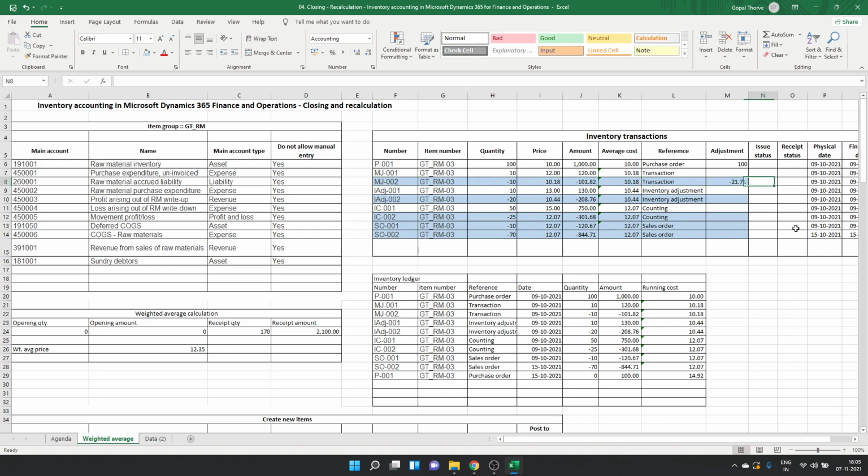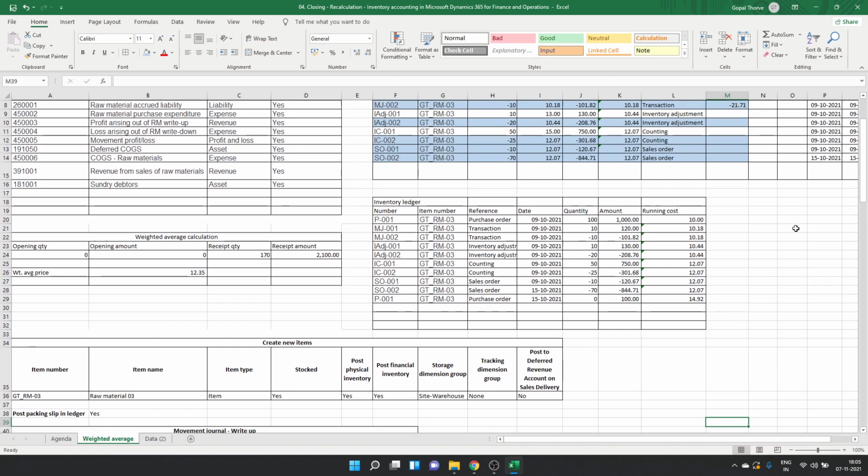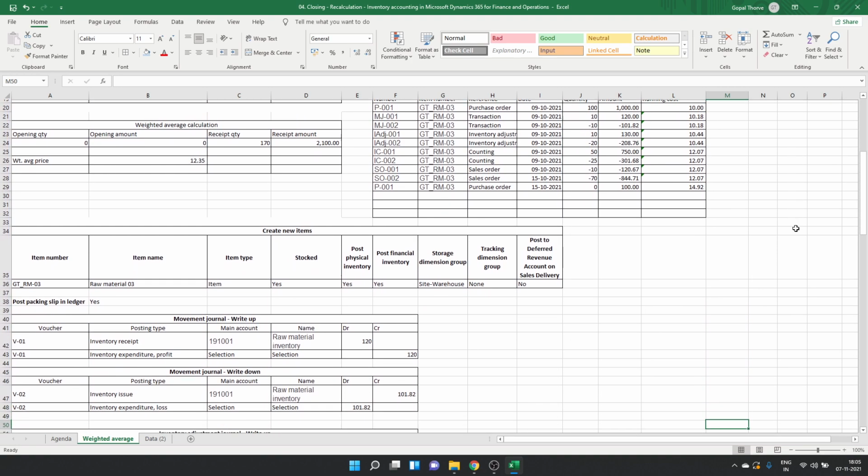For this 21.71, my inventory was issued in real time at the rate of 101.82 instead of 123.5. So the difference amount of minus 21.71, I have to credit from inventory and debit into my inventory profit account. So let's go to that particular inventory transaction.